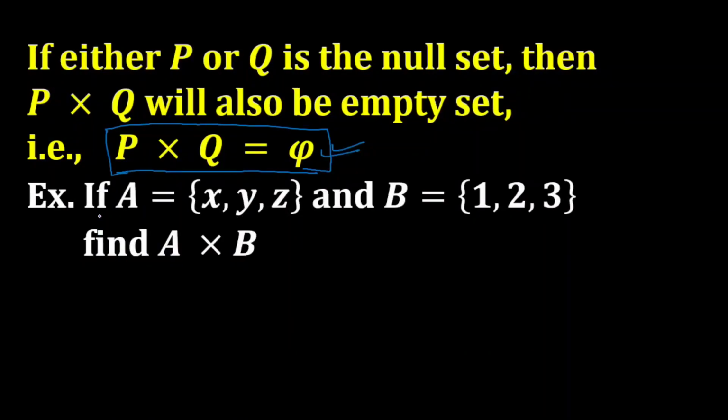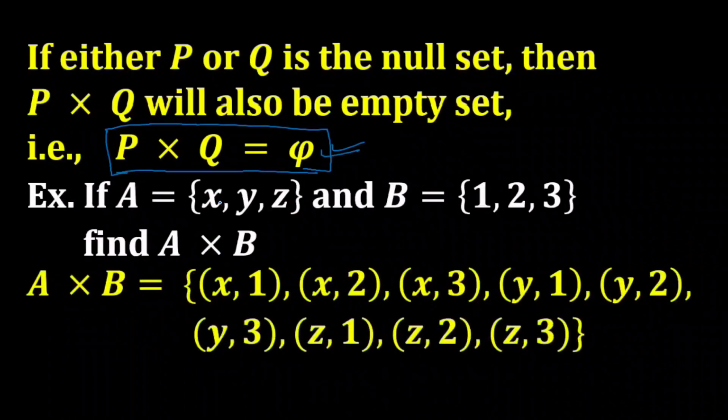Let us take an example. If A has the elements x, y, z, and B has the elements 1, 2, 3, and we want to find A cross B, that is the Cartesian product from A to B, we should write all the combinations of elements of A with elements of B. Every element of A should relate to every element of B. We write the elements of the Cartesian product as ordered pairs in small brackets, where the first element is from the first set and the second element is from the second set.